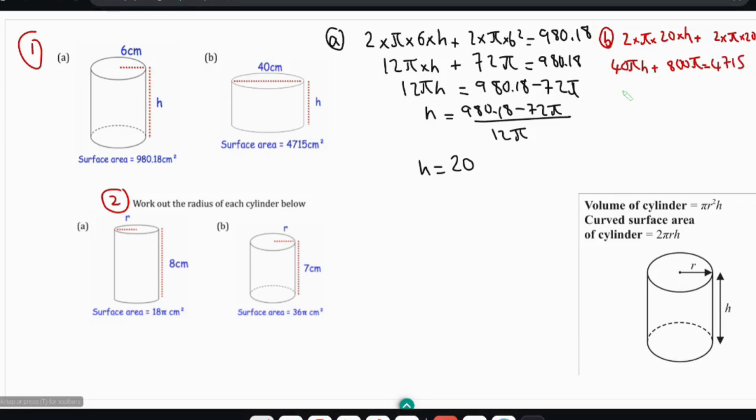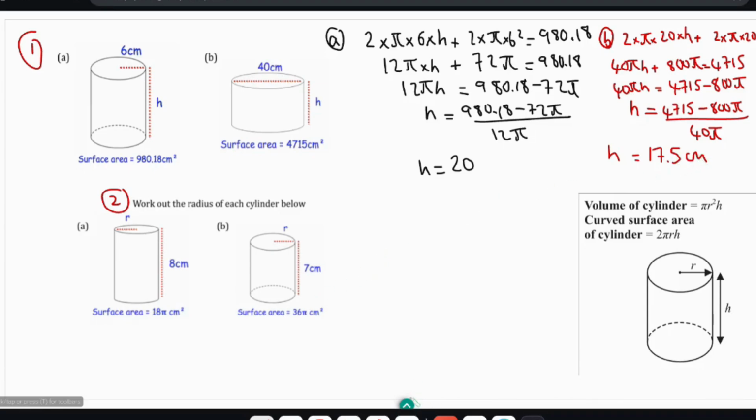Let's take 800 pi off both sides. Divide both sides by 40 pi. h is 17.5.